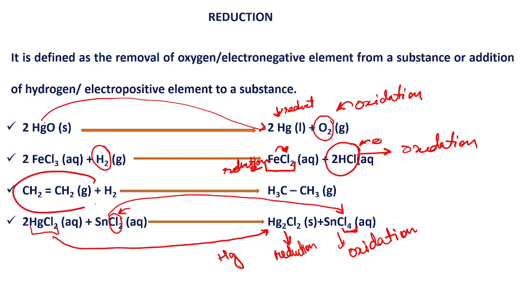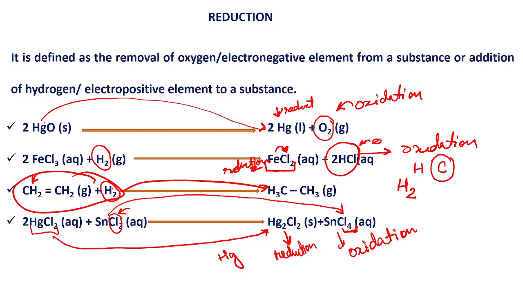And this is the organic reaction. In this organic reaction, you can think that addition of hydrogen is occurring. Earlier my hydrogen was alone, only H was there. Now if you compare the electronegativity of hydrogen and carbon, the electronegativity of carbon is more.